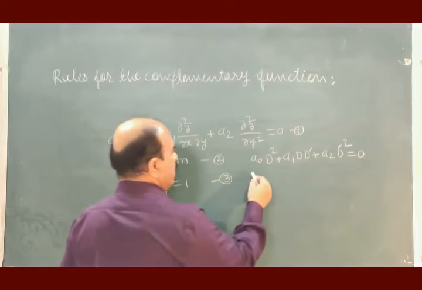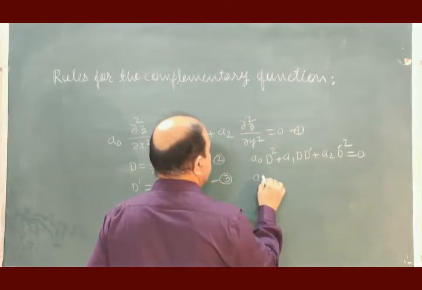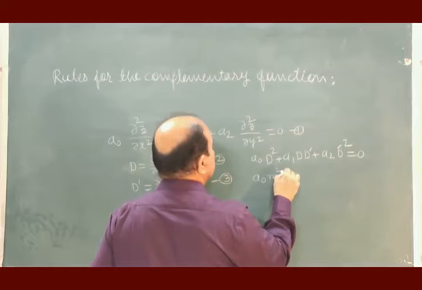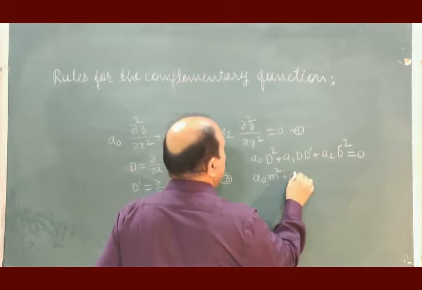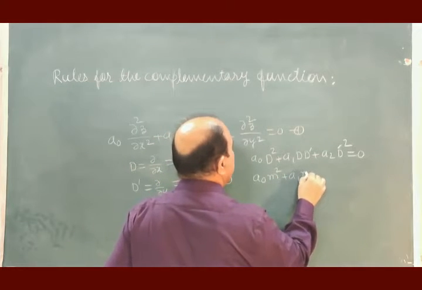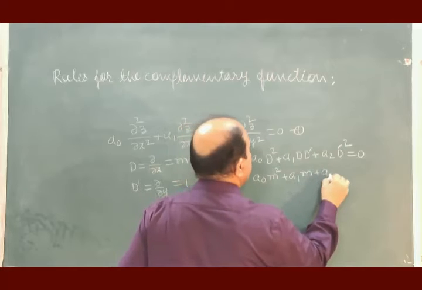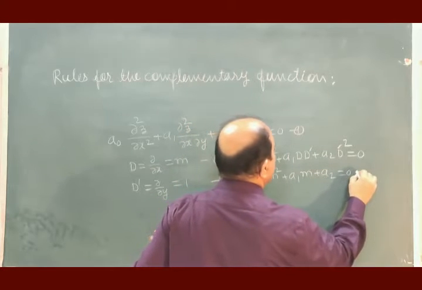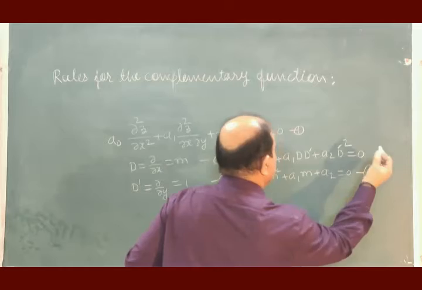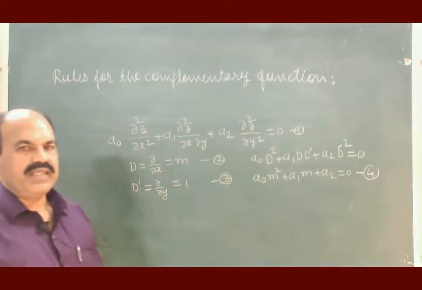So let us put these values: a0 m square plus a1 m plus a2 is equal to 0. This is equation number 4.